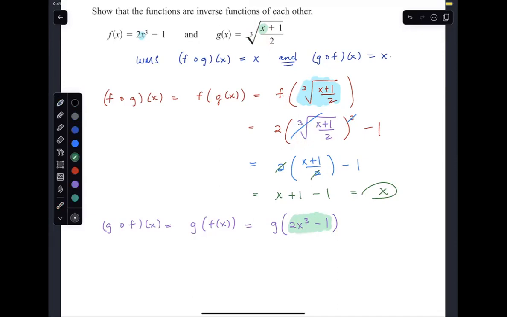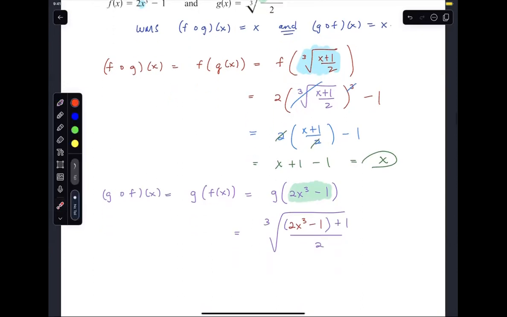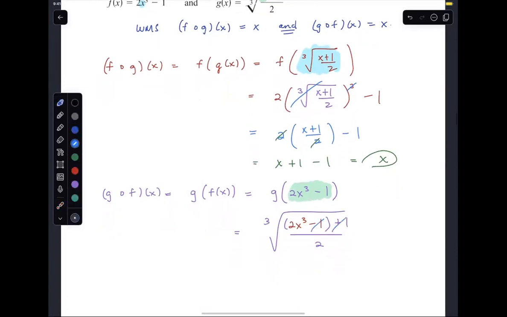So this is going to equal the cube root of parentheses 2x cubed minus 1 plus 1 over 2. Simplifying the numerator, the -1 and +1 will cancel, leaving us with the cube root of 2x cubed over 2.